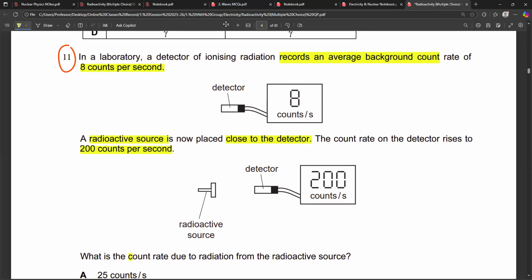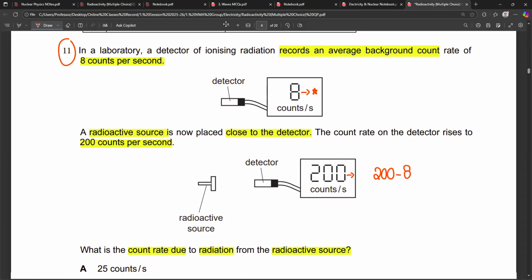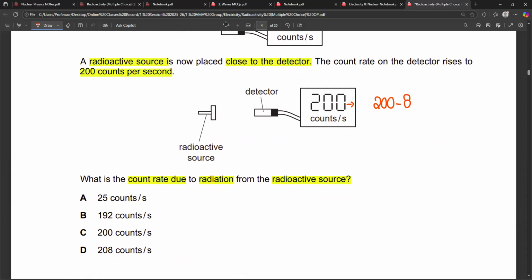Now the question is, what is the count rate due to radiation from the radioactive source? So this is background, right? So we need to subtract this value from this one. Because 8 is the background radiation, 200 is the total value. So actually 192 counts per second is for the radioactive source.